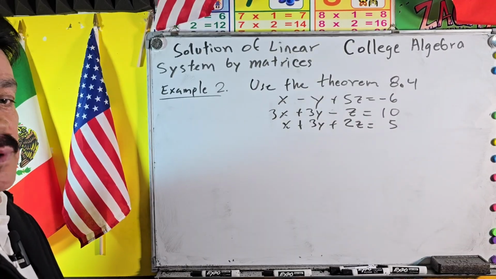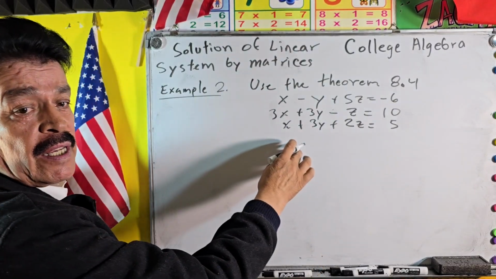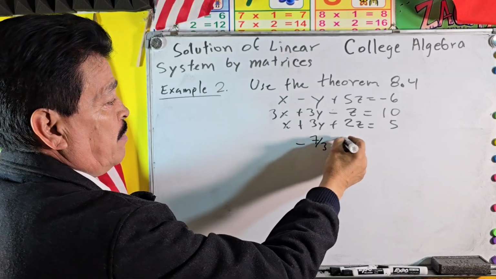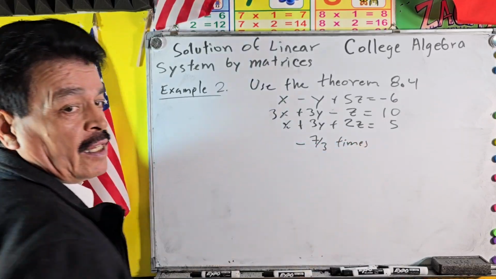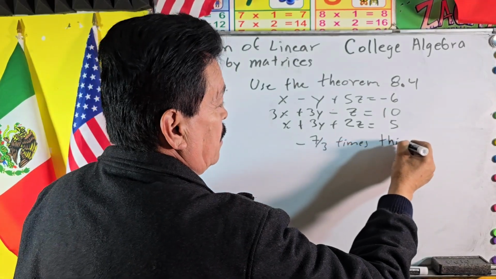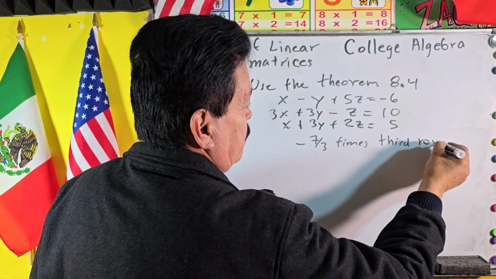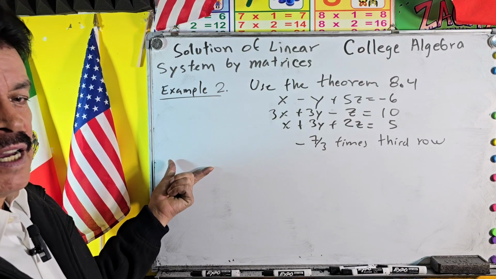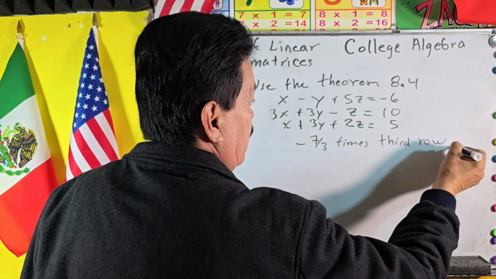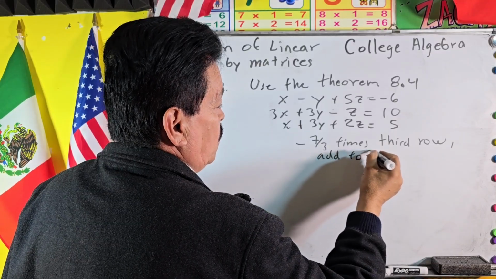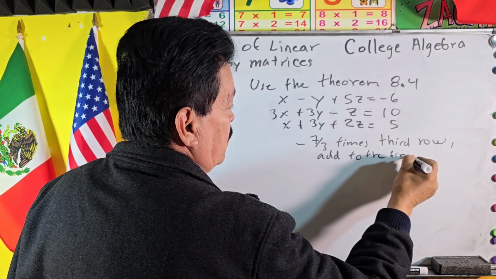Next step, we have to negative. For instance, right here, negative 7/3 times 0. Yes, started with the problem before. I erased it. Added to the first row.